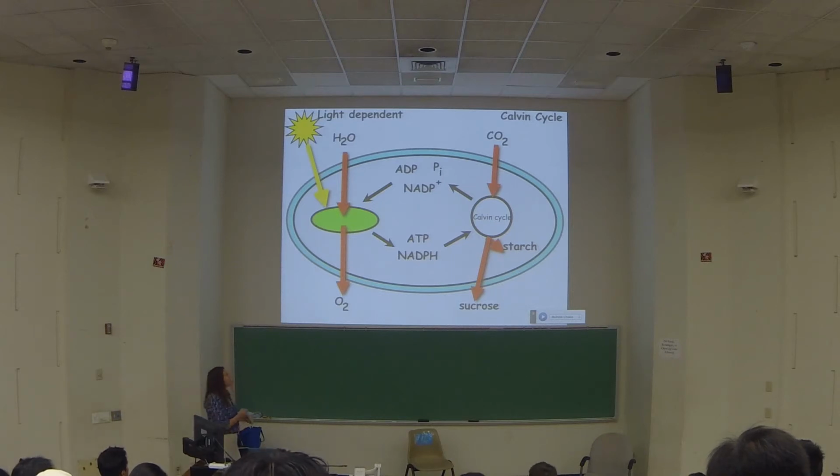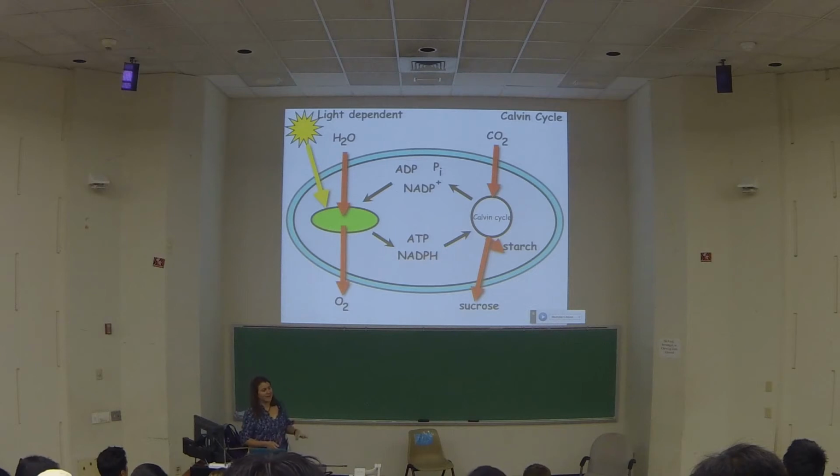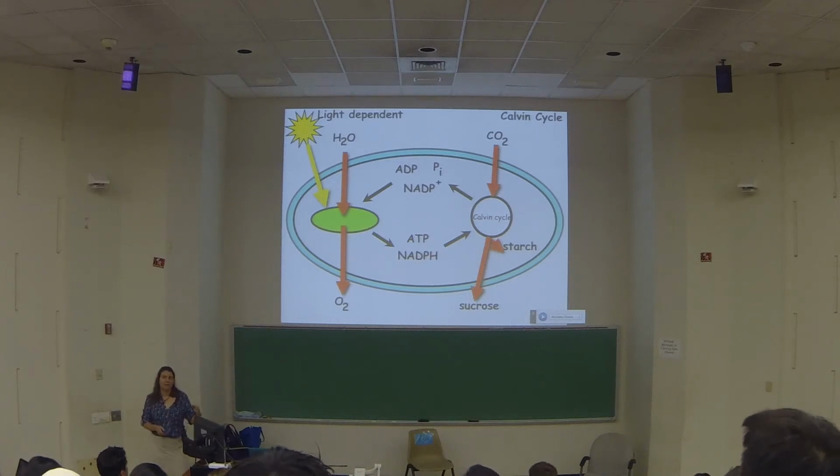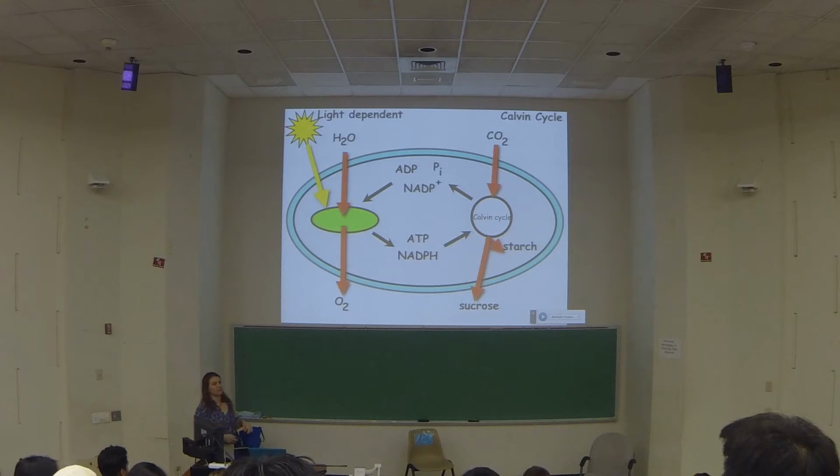Notice that the light reactions happen in the thylakoids, and the Calvin cycle in the stroma. We're only going to get through the light reactions today. As far as the Calvin cycle, all you need to know is what it starts with, what it ends with, where it happens, and how it's linked to the light reactions. You don't need to know the specifics of the steps involved.